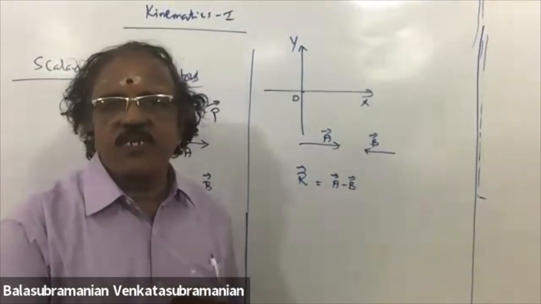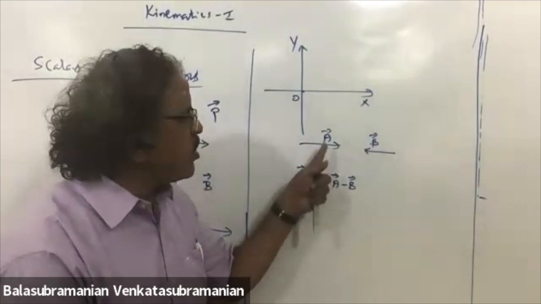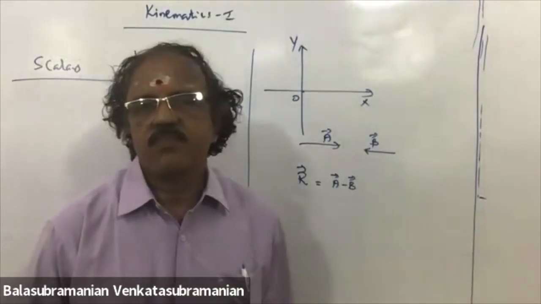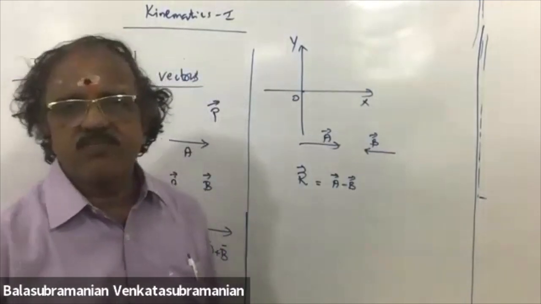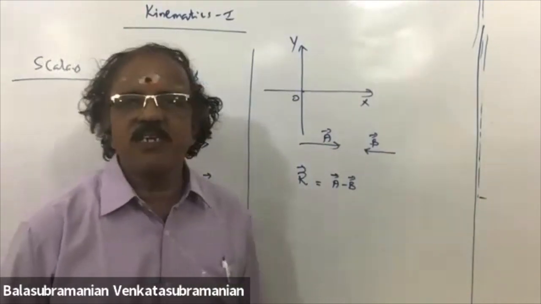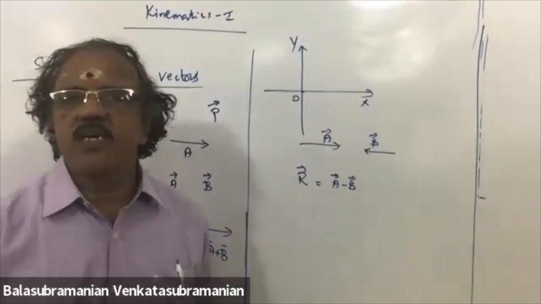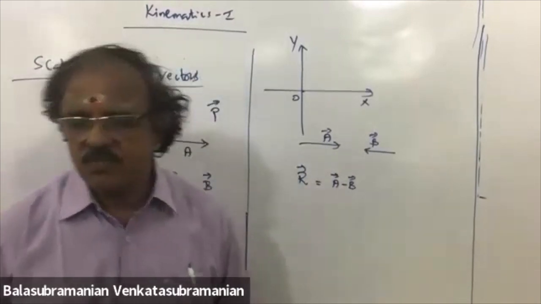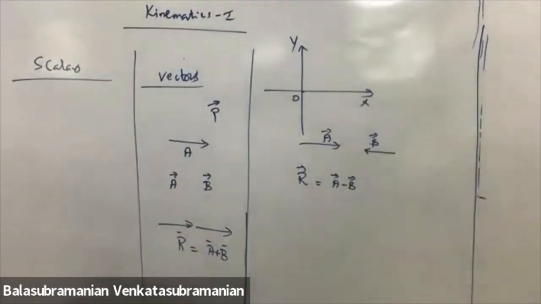This is the first piece of information. Second thing, the magnitude of A is more than that of B. Opposite direction means difference only. The magnitude of A is more, so we are putting A minus.